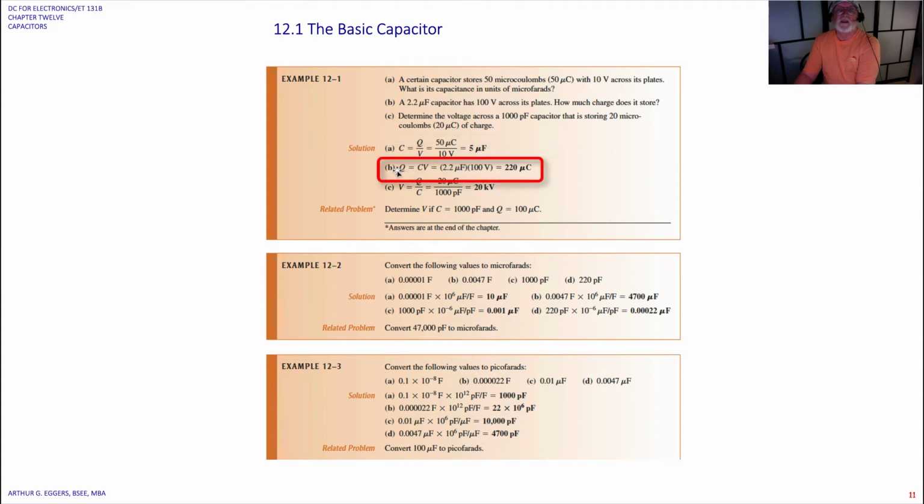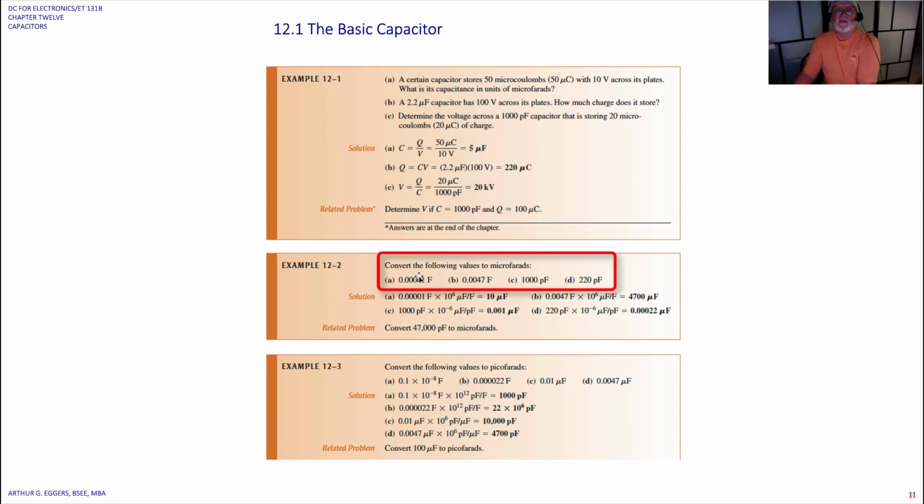For B, the charge is equal to the capacitance times the voltage, or 2.2 microfarads times 100 volts, 220 microcoulombs. And finally, the voltage then for part C, the charge per capacitance, 20 microcoulombs divided by 1,000 picofarads gives us 20 kV of voltage.